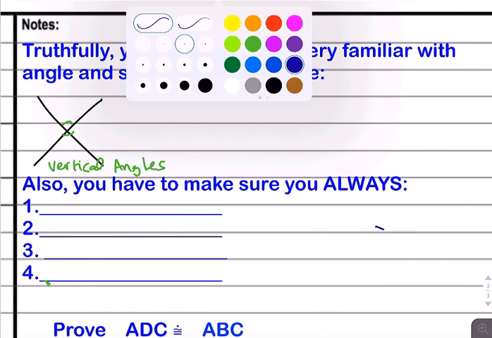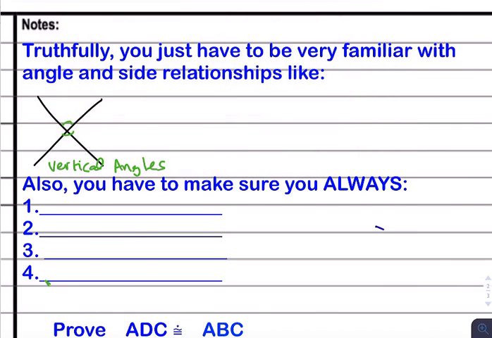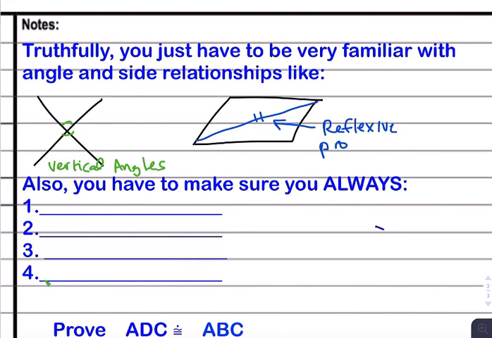So if you have a shape, and they share a side, so they have this side right here that they share, I know that's going to be congruent to itself, and the reason why is the reflexive property. The reflexive property says that anything that's shared is congruent, just as a review.